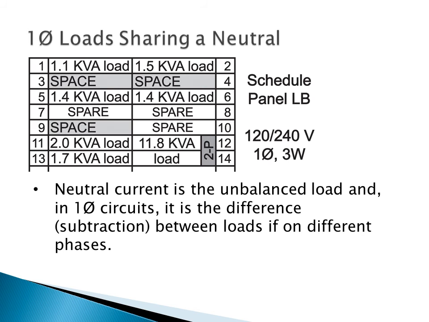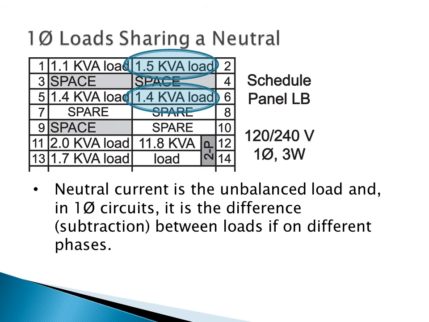Let's skip over here. The neutral current for single phase loads is the unbalance between the loads. So it is the difference, where we're going to subtract, between the loads when they're on different phases. So let's see what that looks like. We have circuit 2, which was a 1.5 kVA load, and circuit 6, which is a 1.4 kVA load. So we're going to subtract one of those from the other, and that's going to be what the neutral sees.